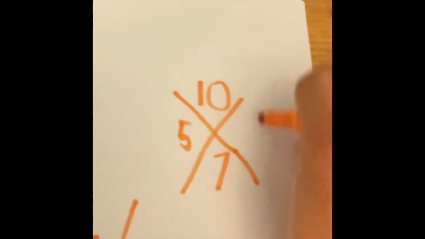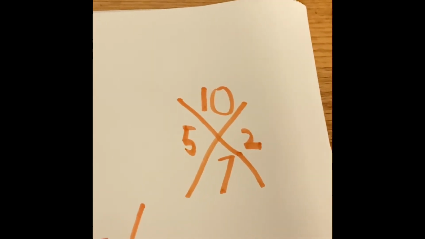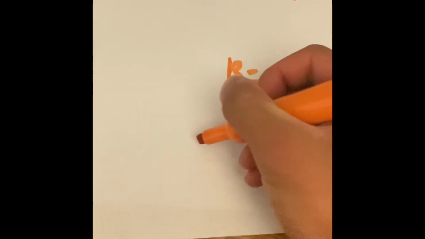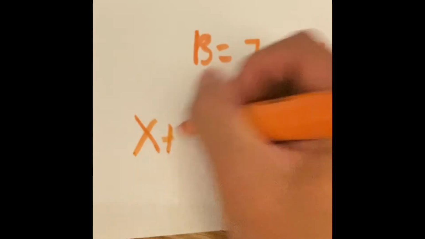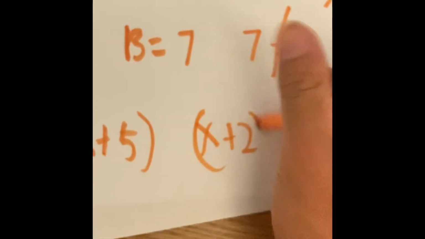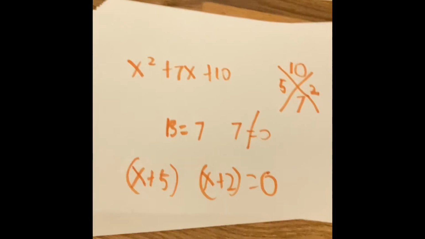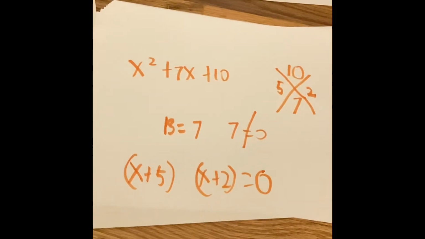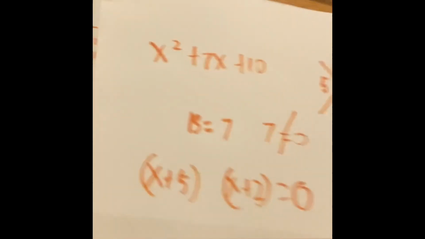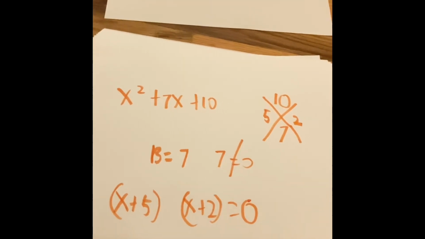Well, 5 and 2 add to 7 and multiply to 10. When we do that, we get two binomials: (x plus 5)(x plus 2) equals 0, because we're going to be using the zero property. So that is factoring. Can it be factored? Yes. And when we factor it and solve for x, we solve the problem.